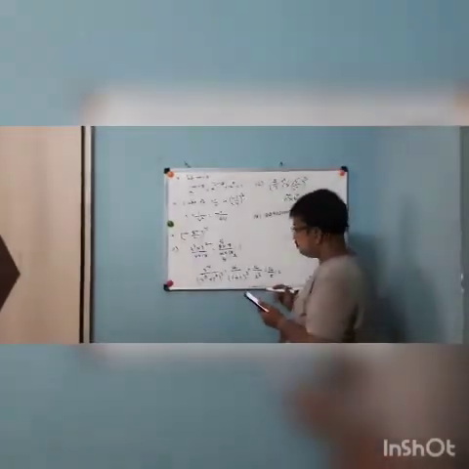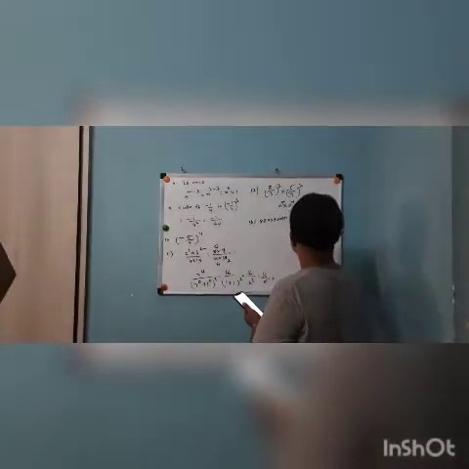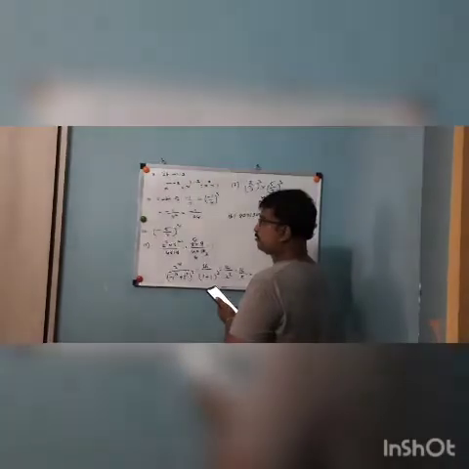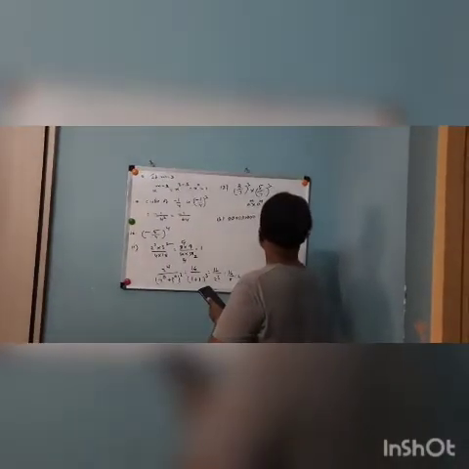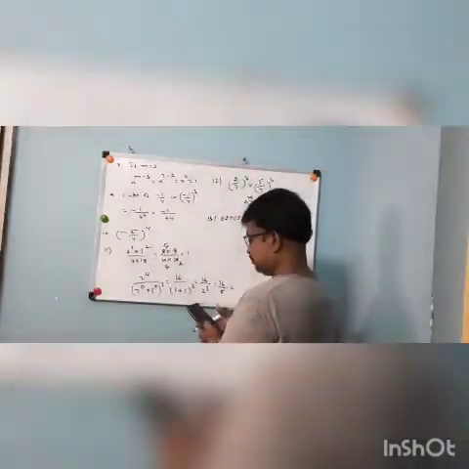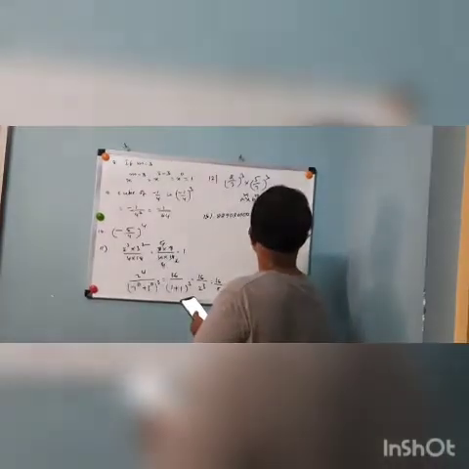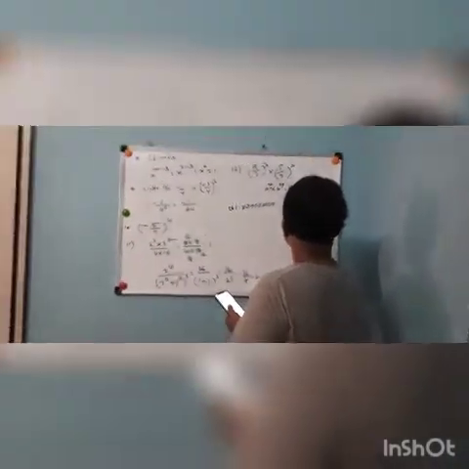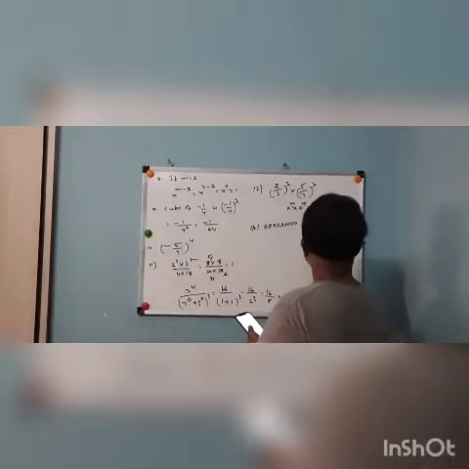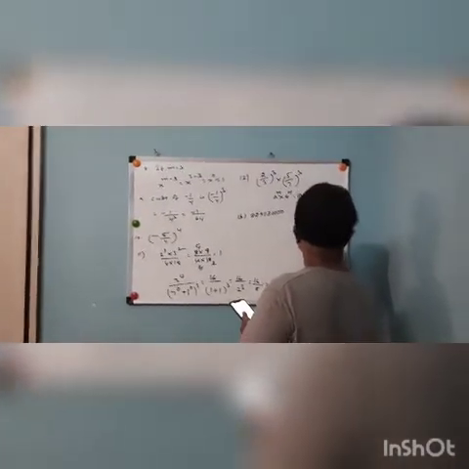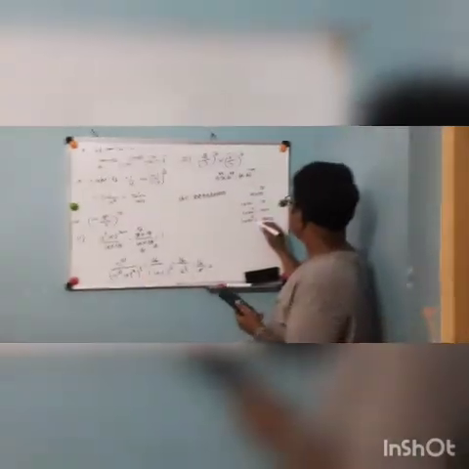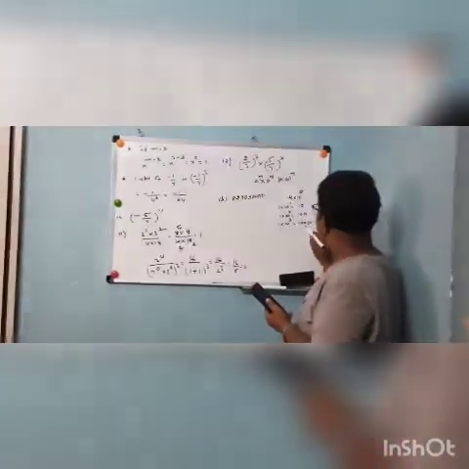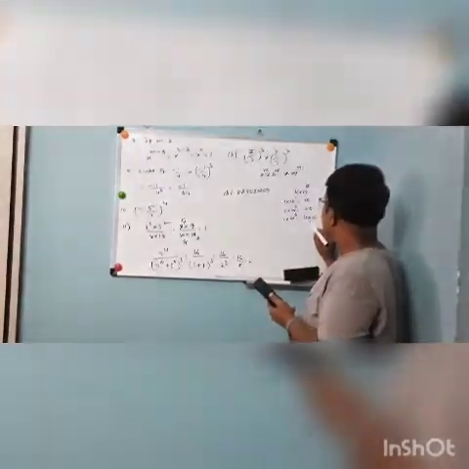As we know, 1 into 10 power 1 is 10. 1 into 10 square is 100. 1 into 10 cubed is 1000. So when we take 10 to the power 3, there are 3 zeros.